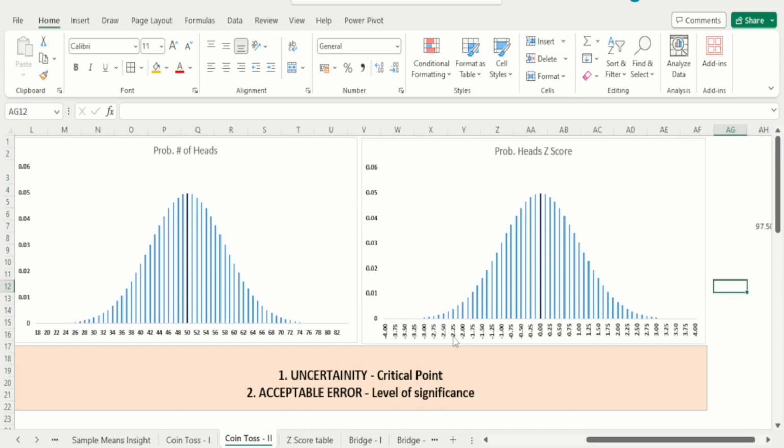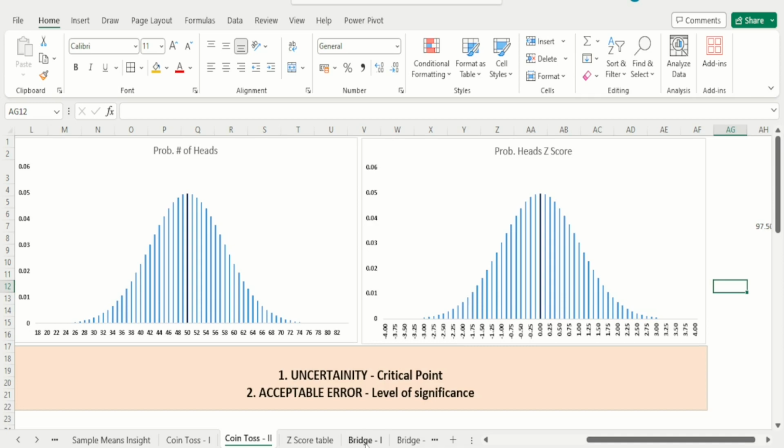On the other hand, if you get a result from your sample which is lower than that critical point, then you can say that we are unable to reject the starting idea. That's all that there is to hypothesis testing. So it's a very simple concept, but when you do understand the central limit theorem and why hypothesis testing works in inferential theory, that makes the concept much clearer to us.